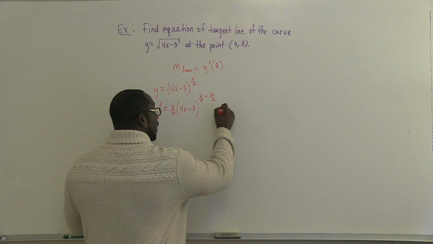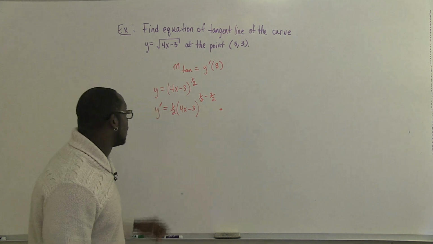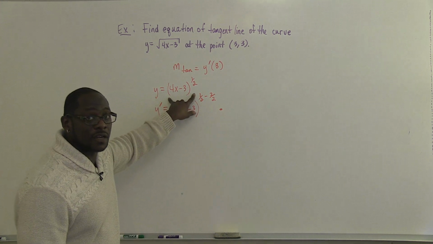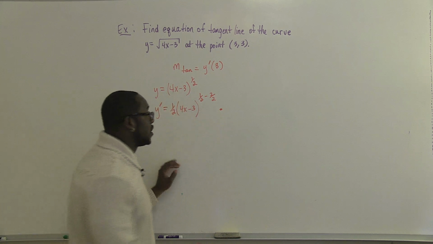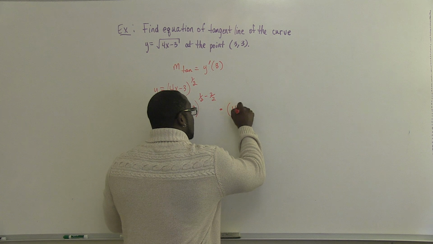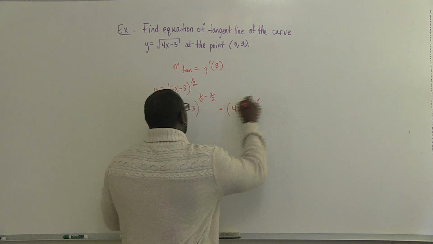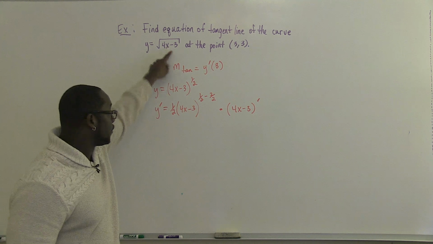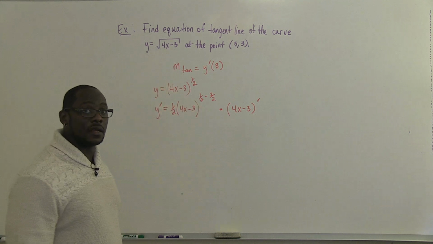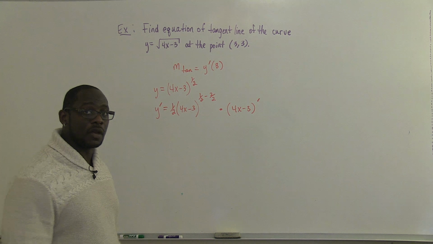Now the second part of the chain rule says that once we take the derivative of the outside function with respect to the variable, now we have to take the derivative of the inside function with respect to the original variable, which is x here. And so we'll just do it like that, 4x minus 3, all that prime for short.